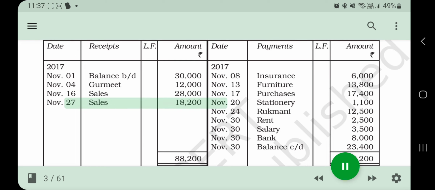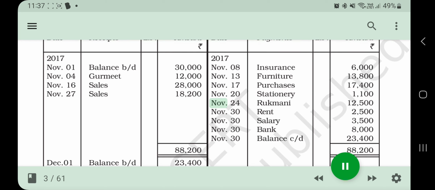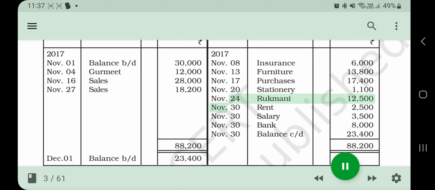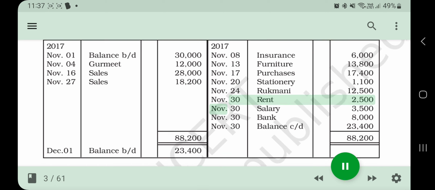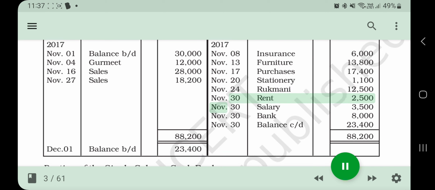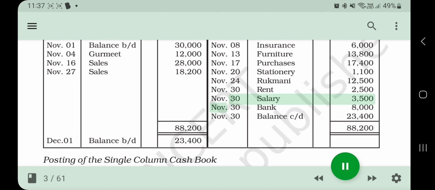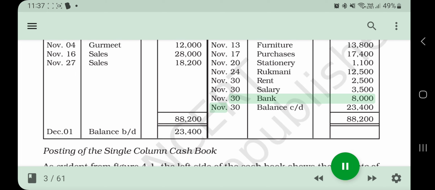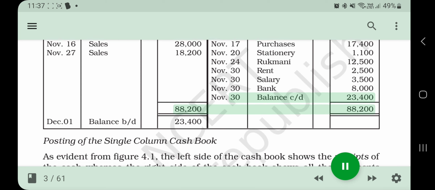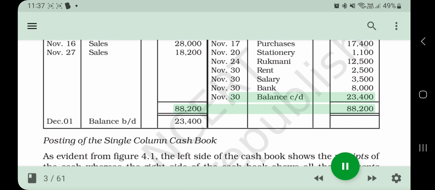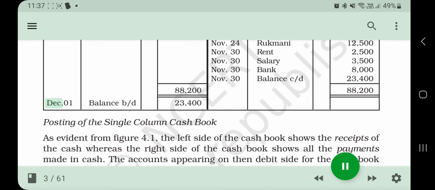November 20: stationery 1,100. November 24: Rukmani 12,500. November 30: rent 2,500. November 30: salary 3,500. November 30: bank 8,000. November 30: balance c/d 23,400. Both sides total 88,200. December 1: balance b/d 23,400.